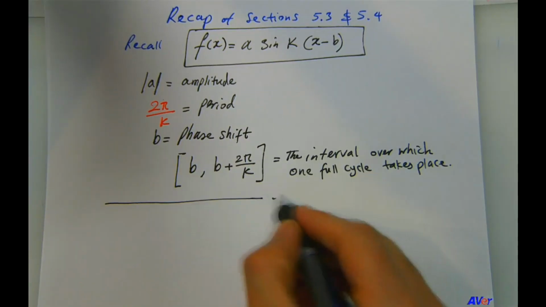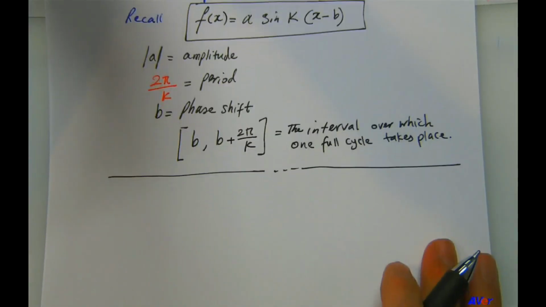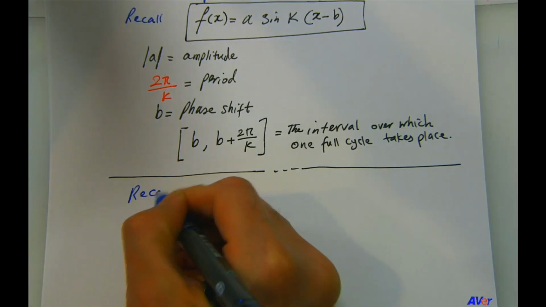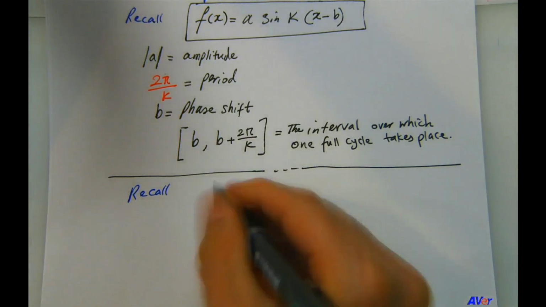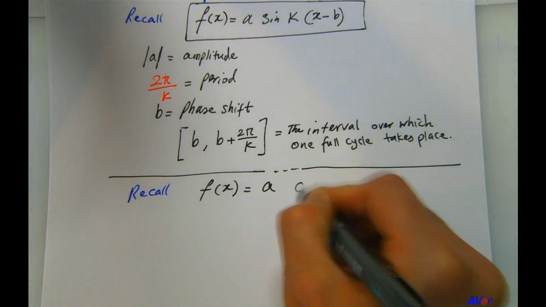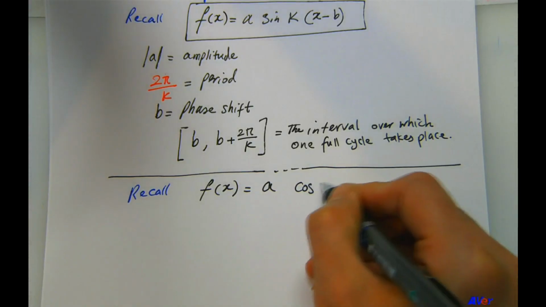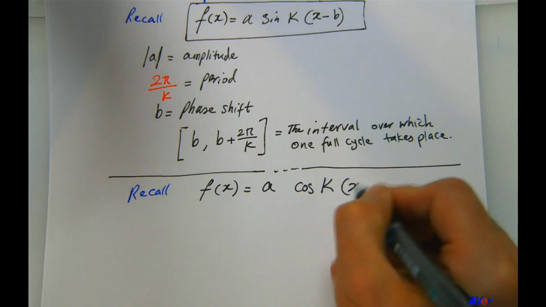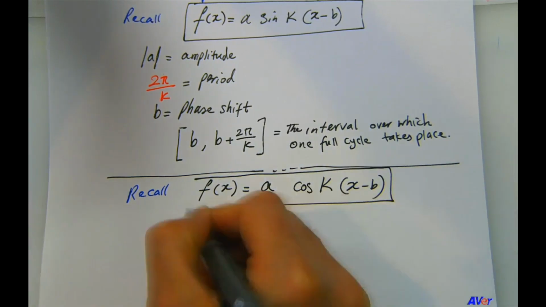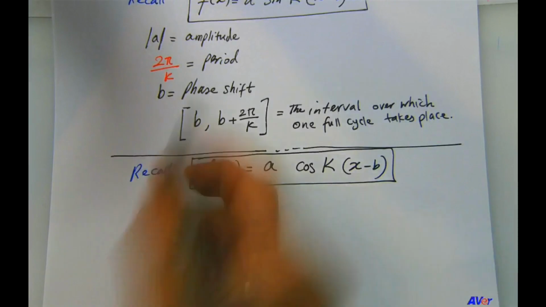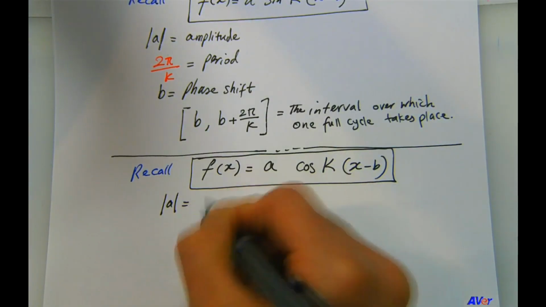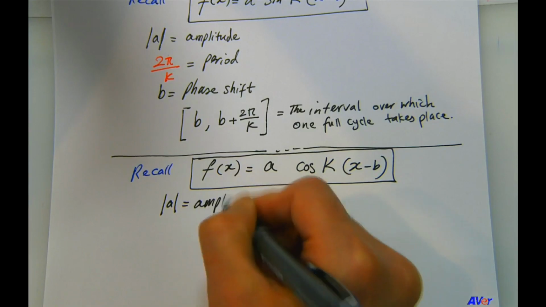So let's do a quick review of the transformation of a cosine function. This is the formula for that. Once again, the same things. The absolute value of A is the amplitude.